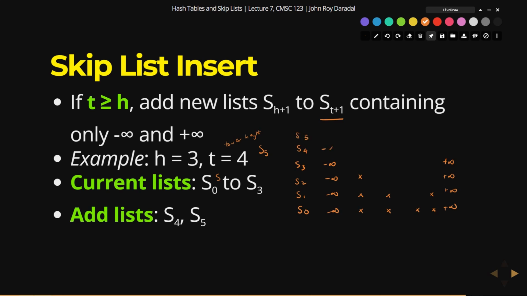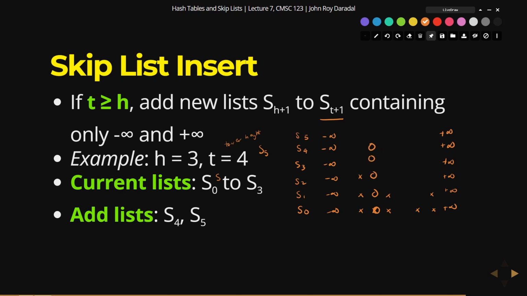When we add these new lists, they will contain only negative infinity and positive infinity. Now if the tower height is 4, from S0 that would always be there, and then you have 1, 2, 3, 4.